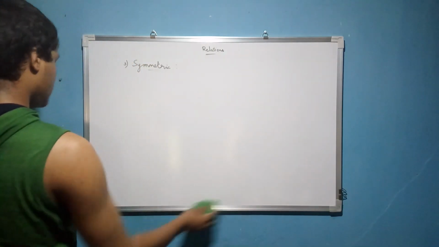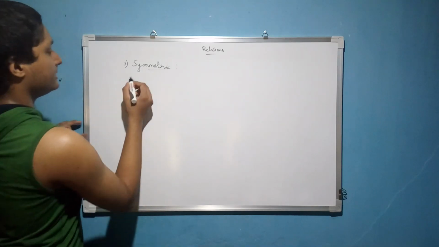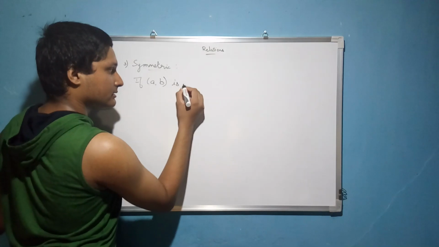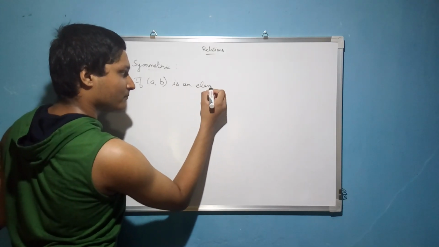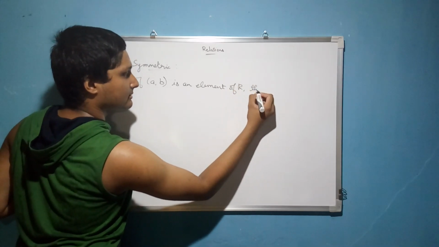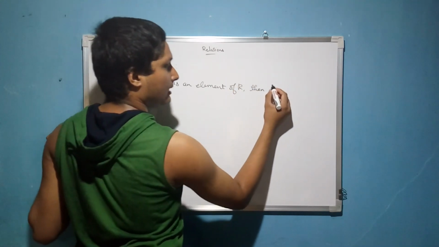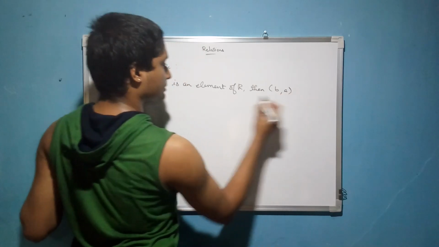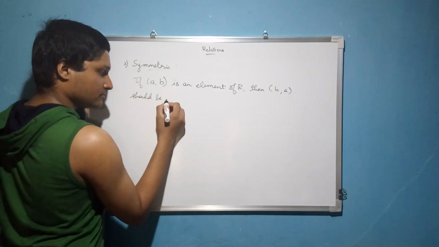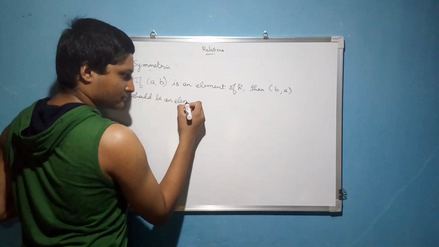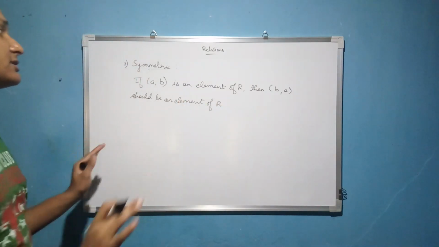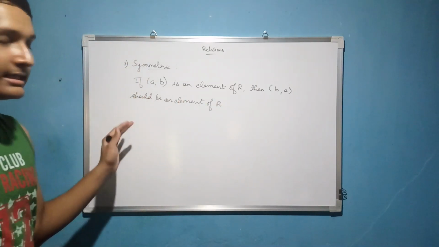If (a, b) is an element of the relation R, then (b, a) should be an element of R. I am not writing the perfect definition, but the simple meaning of what this relation means.